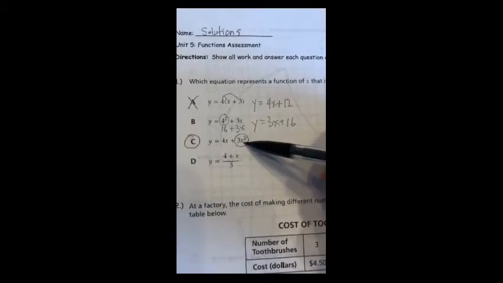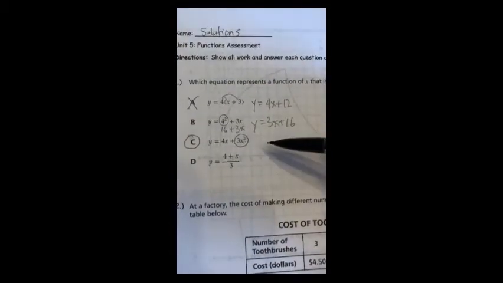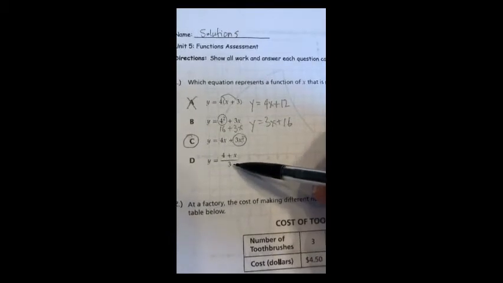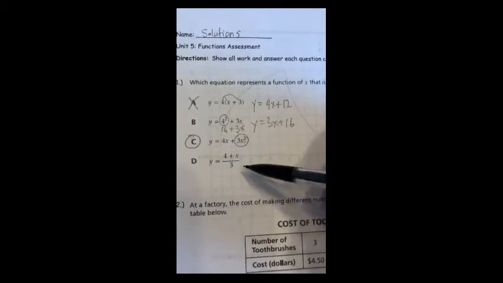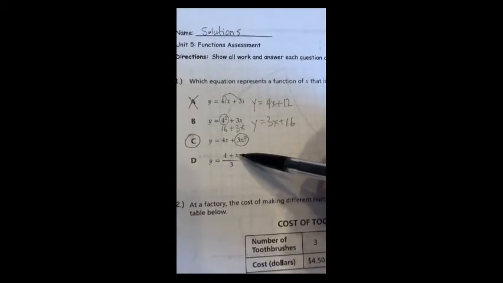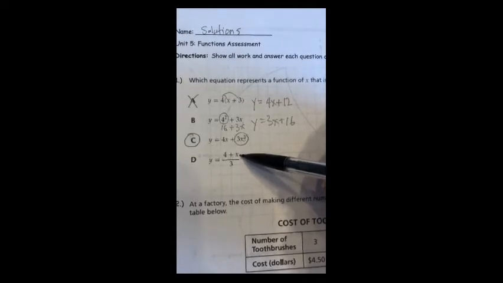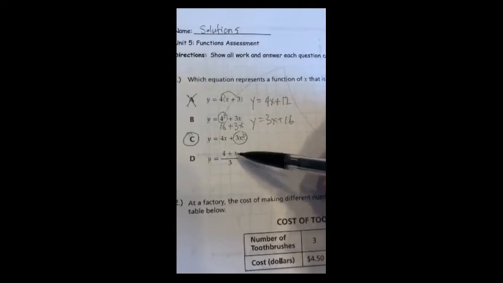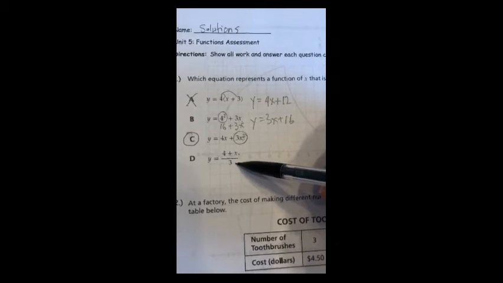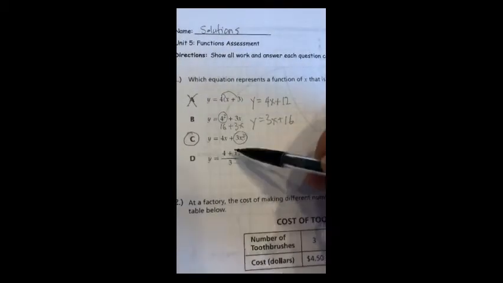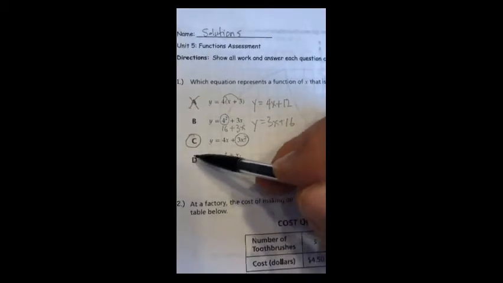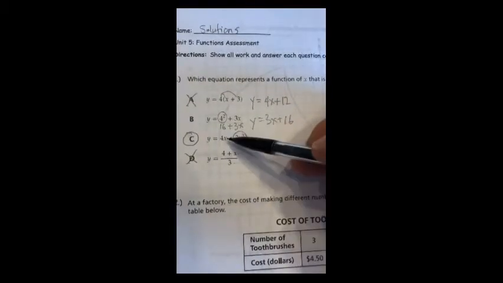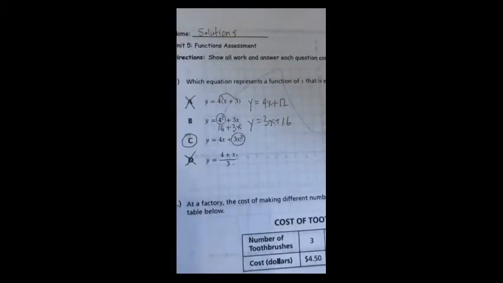And it's because of this x squared term. This one is a linear equation because it's got a variable in the numerator, a number in the denominator. This is okay. This follows the rules for linear equations, so that is not the choice. So the right answer is C.